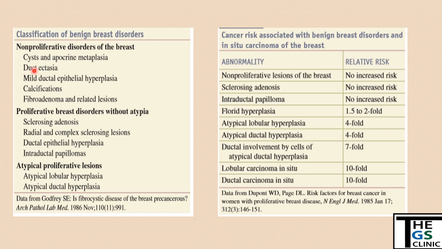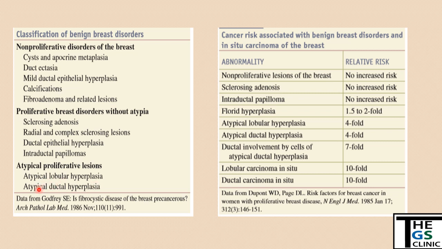I just want you to know that the non-proliferative, which there is no increase in the number of cells, include cysts, duct ectasia, mild ductal epithelial hyperplasia, calcification, fibroadenoma, and related lesions. When there will be proliferation and increase in number of the cells, but the structure of the tissue will be the same, like in sclerosing adenosis, radial or complex sclerosing lesion, ductal epithelial hyperplasia, and intraductal papilloma.